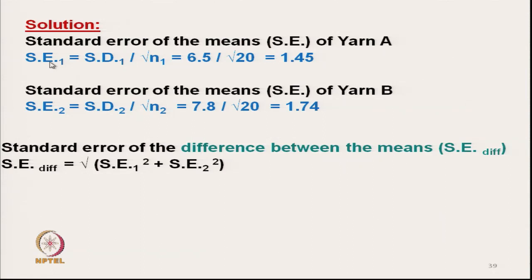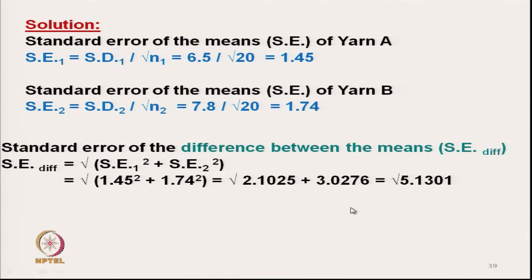So, from SE1 and SE2, we calculate SE difference. Okay. So, what is the formula? SE difference is under root SE1 square plus SE2 square. Okay. And SE1 and SE2 are known. So, from there we calculate the standard error of difference.